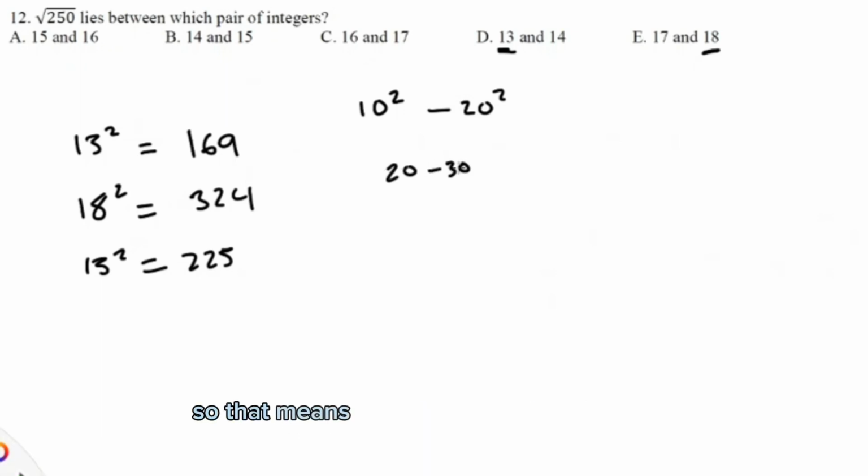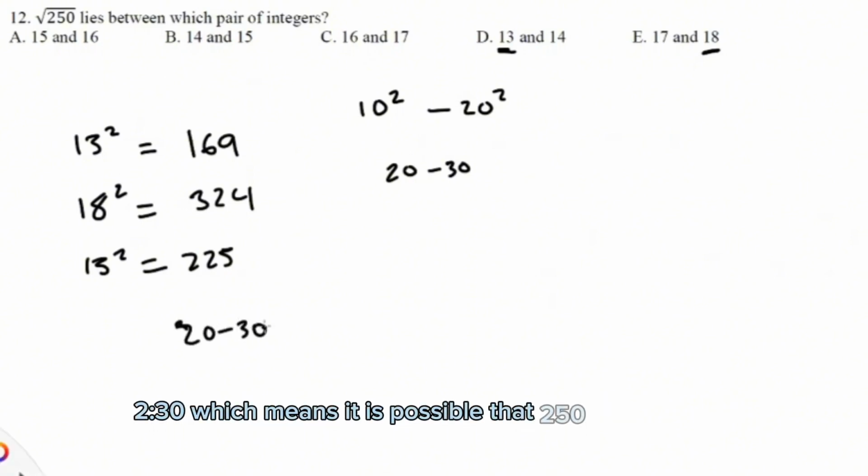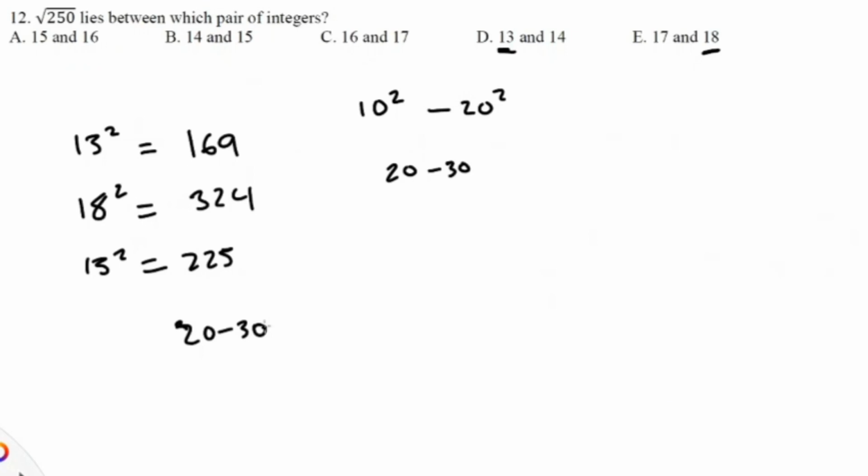So that means the gap between 15 squared, for example, and its next square is going to be somewhere around 20 to 30, which means it is possible that 250 lies between 15 squared and 16 squared.